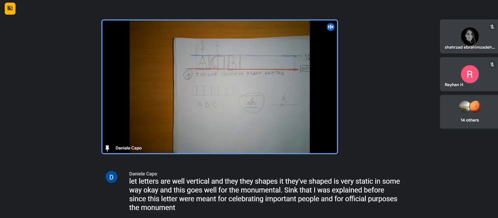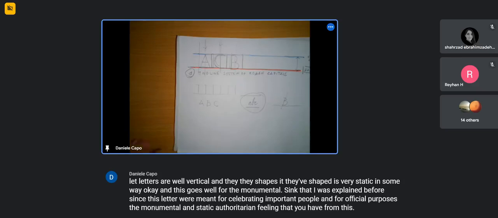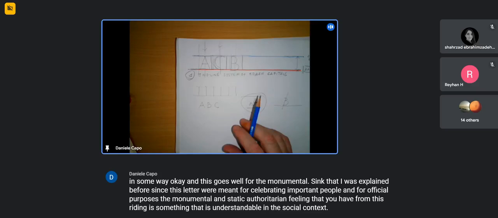The monumental and static authoritarian feeling that you have from this writing is something that is understandable in the social context we see.